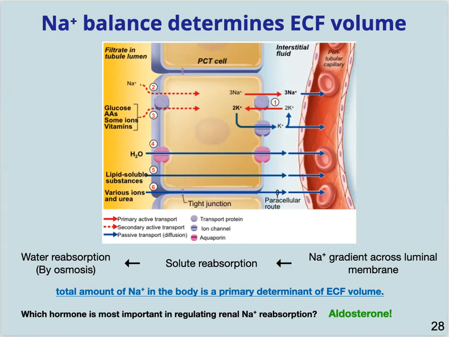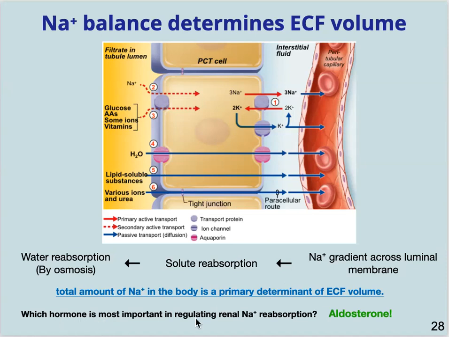So for this reason, the total amount of sodium in the body is the primary determinant of ECF volume. And this ECF volume is going to directly impact our blood pressure, because that intravascular space containing our blood is part of that extracellular space.